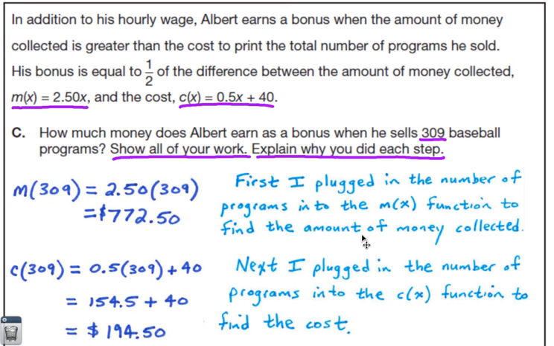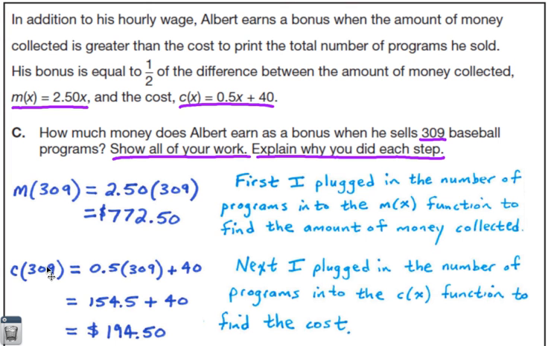You use words and describe units. Notice how I said the words number of programs rather than the number 309. And notice how instead of using the number $772.50, I use the words to find the amount of money collected. So that's a pretty good model for explaining something where you need to explain.